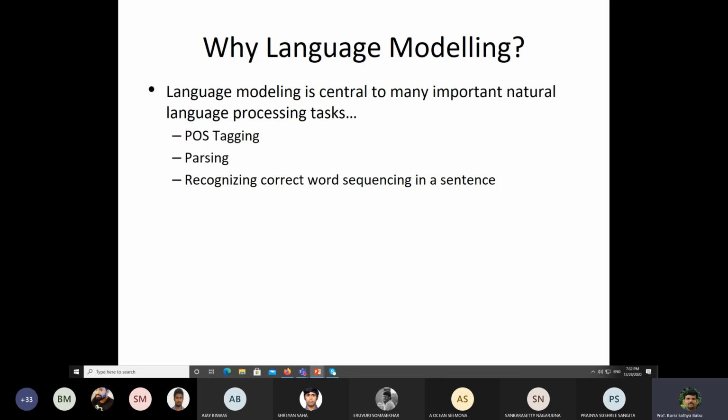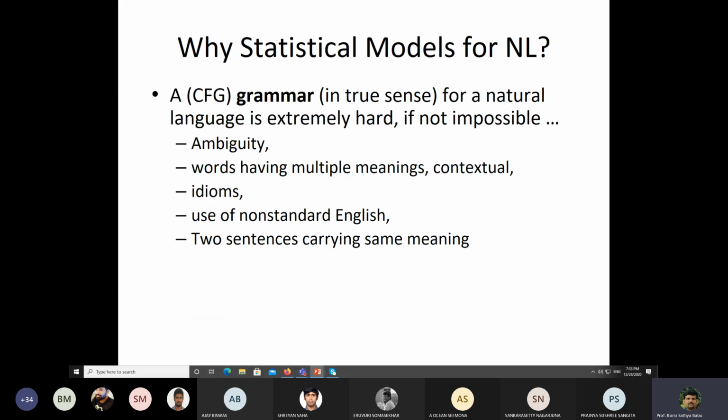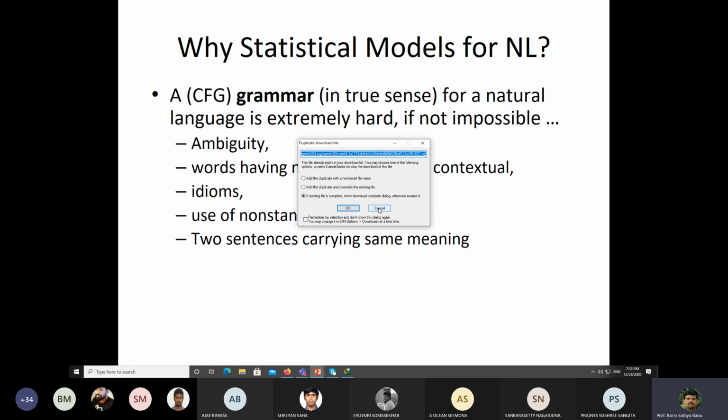And as we said, a statistical model includes some of the grammars for natural language processing, and maybe resolves ambiguities.